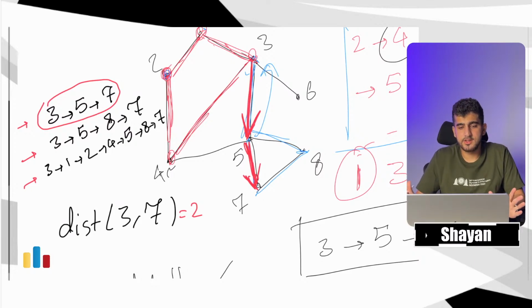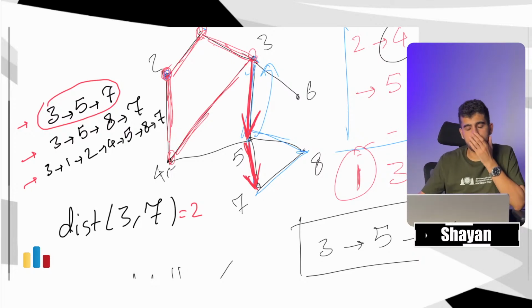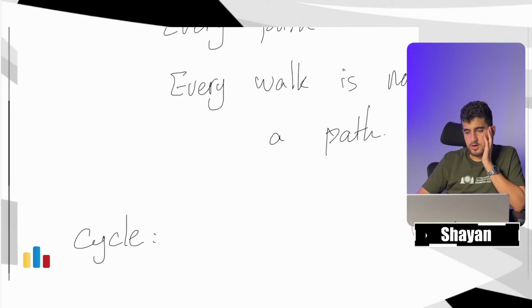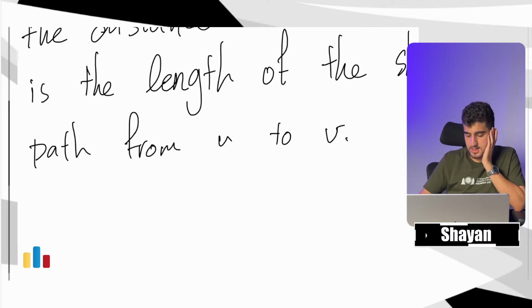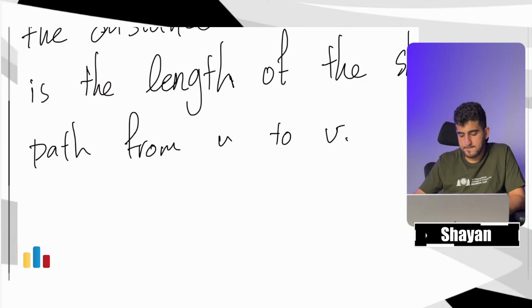Is this also very clear? Okay, nice. So this is how we can define the shortest path.